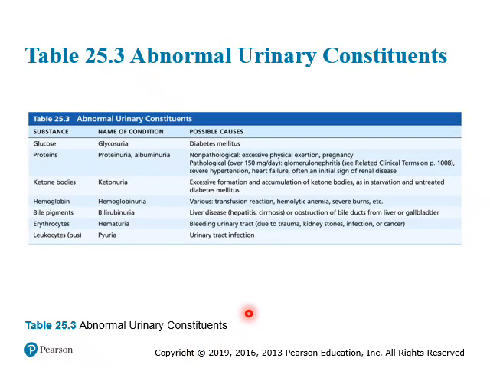And here are the substances that are supposed to be in the urine. If there is a presence of these in the urine, then you know that these conditions are present in the body.